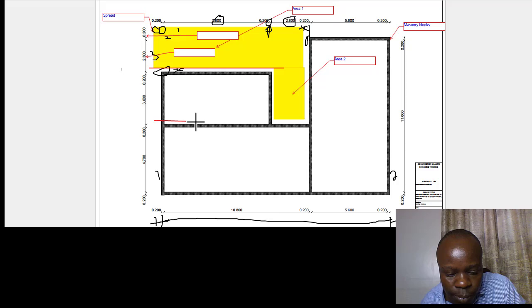Okay, so it means what we are calculating in that particular part is supposed to be at that area within that given length.